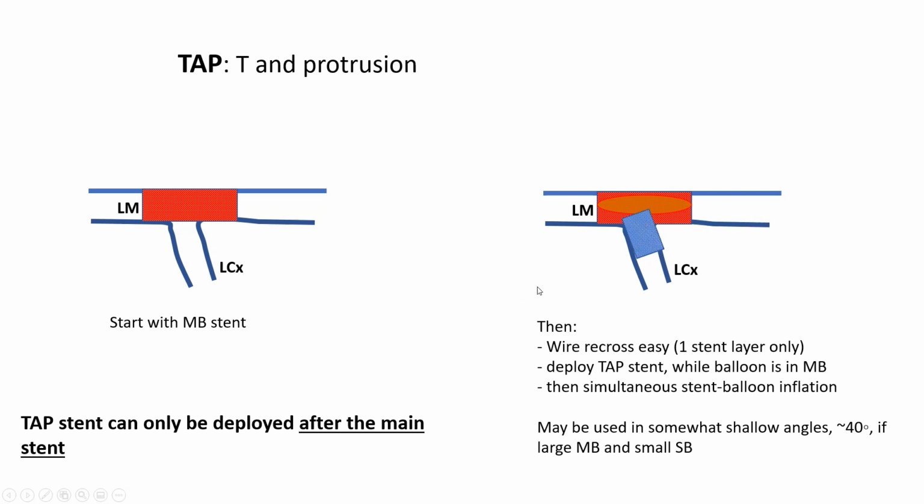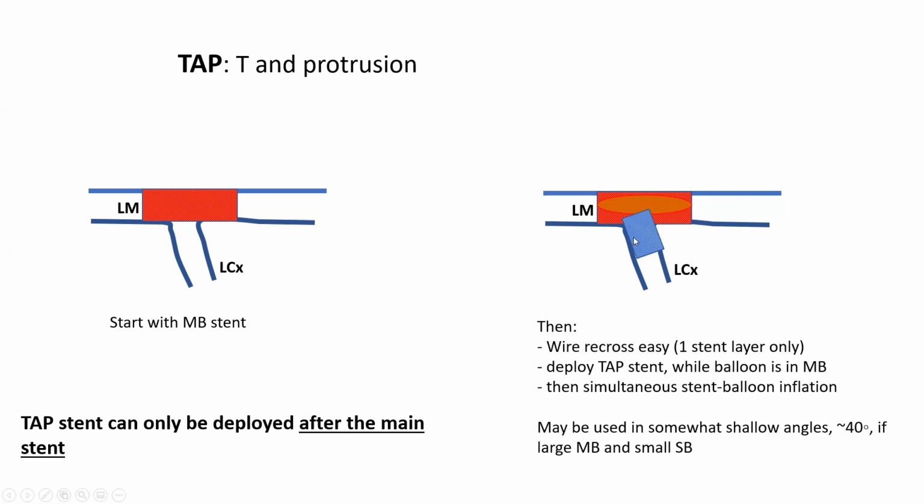If you have a steep angle, you can use the technique I will describe a little later, which is the perfect T. But this can be used in shallow angle, even as shallow as 40, 30 degrees, particularly if your circumflex is small in caliber, while the left main LAD are large. The larger this is, and the smaller that is, the more you can apply TAP in shallower angles.